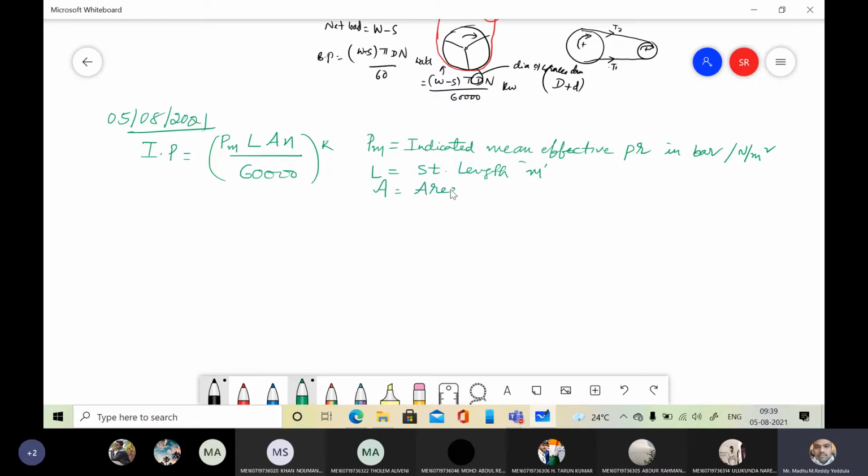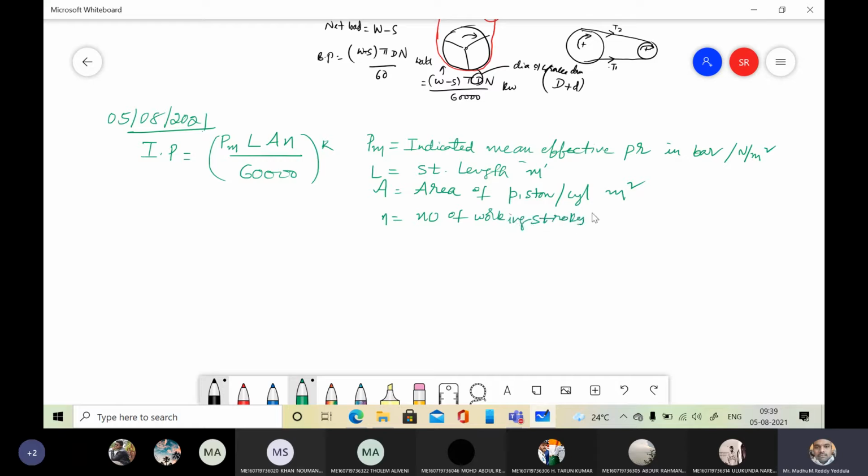A is the area of either piston or cylinder, in meter square, where N is equal to the number of working strokes per minute.